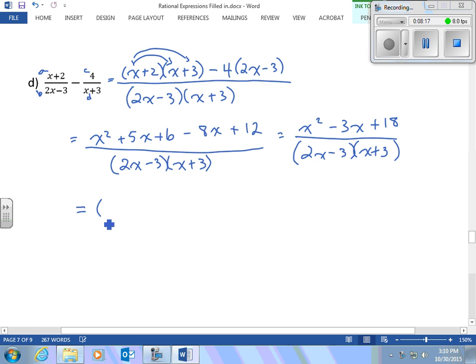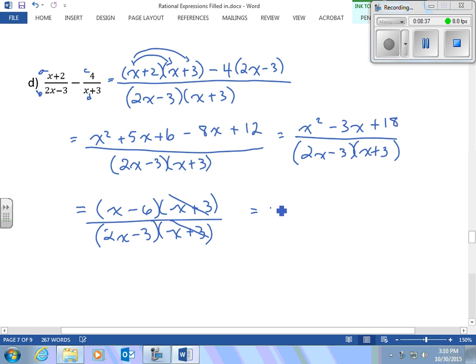So I'm going to have x minus 6, x plus 3, all over the denominator still the same, 2x minus 3 times x plus 3, and lo and behold, I can factor out those x plus 3's. So I'm left with x minus 6 all over 2x minus 3.